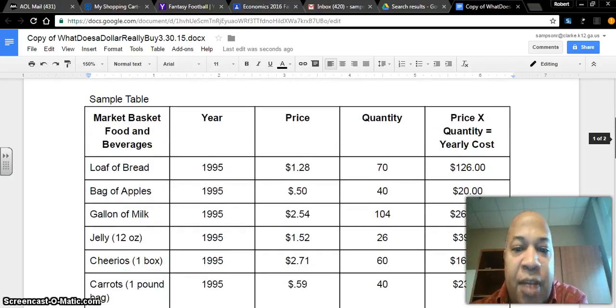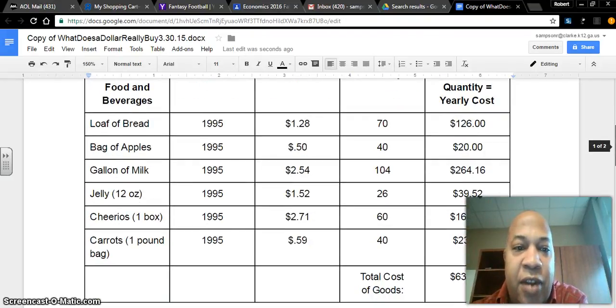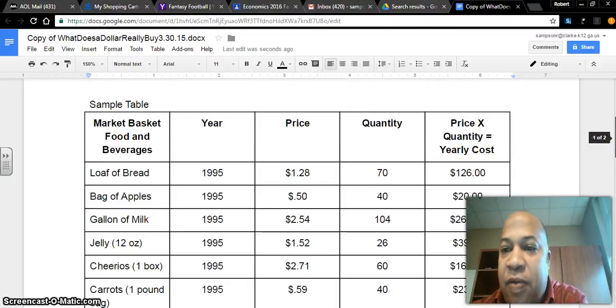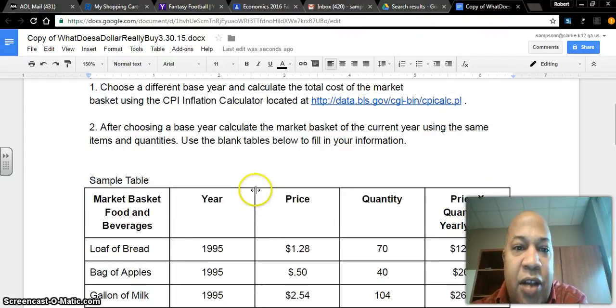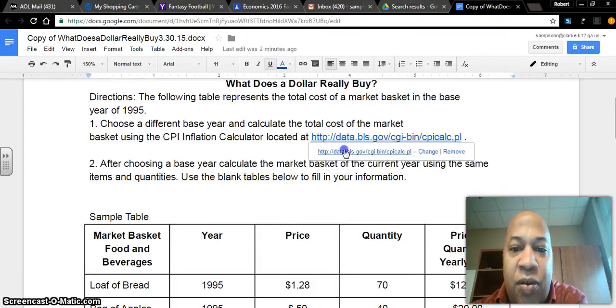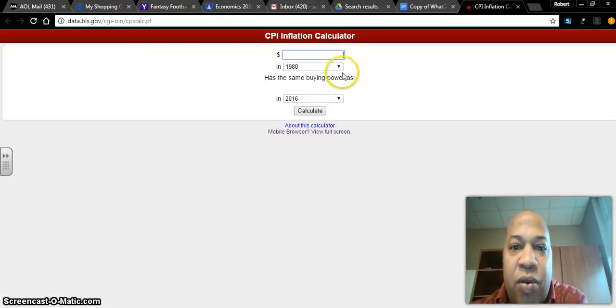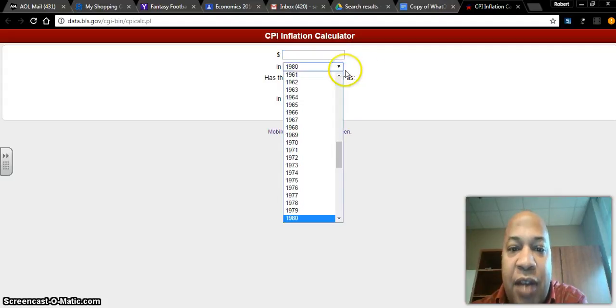So let's start with the sample table. If you look at the sample table that was done for you, where all the items across the board were filled in, the key formula that you really need to look at is price times quantity. So right here, P times Q equals your yearly cost. The calculator at the top was just to help you go through different dates and plug those in.